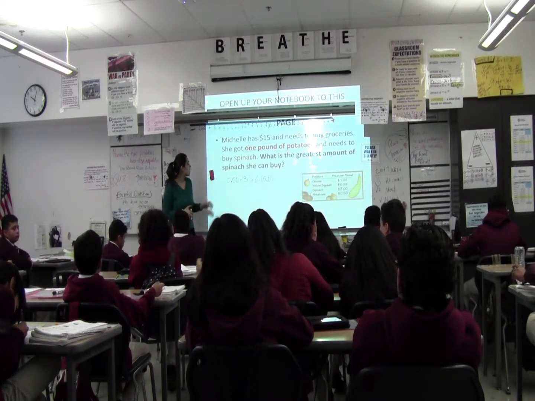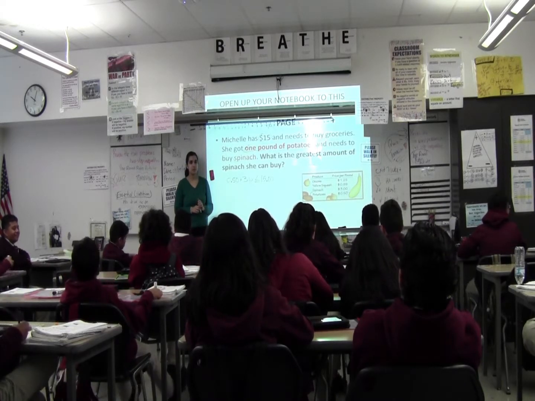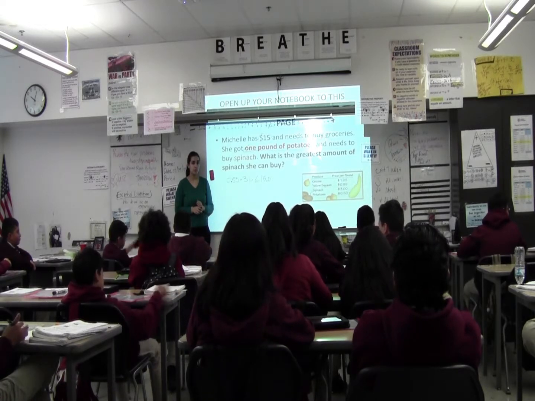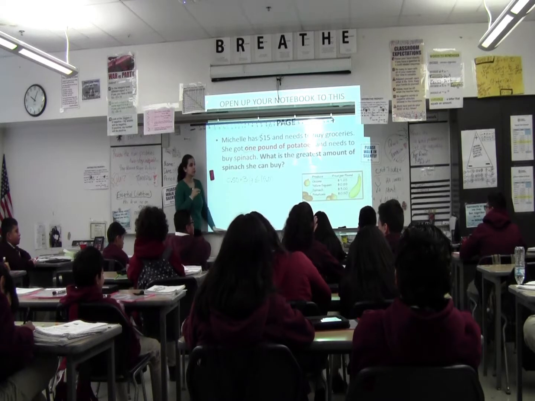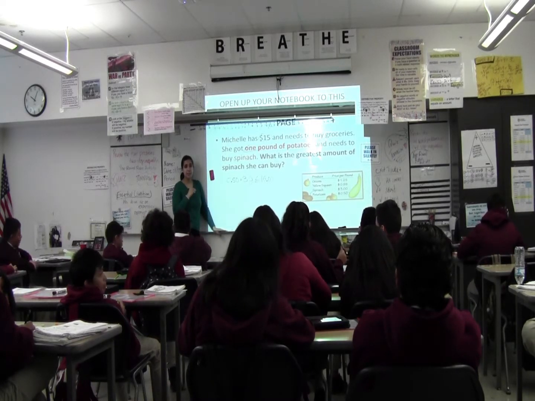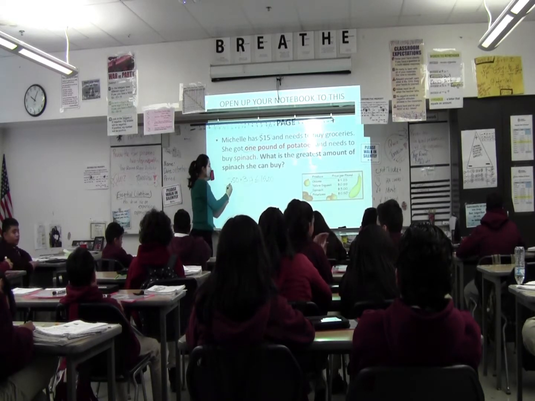Okay. Araxi, what's the first thing I need to do? First, you have to subtract. What should I circle? First you have to circle the 3P. I'm waiting for 2 students in row 1. Hey, quiet. So circle the 3P. What's my next step? And then you subtract the 50 cents.